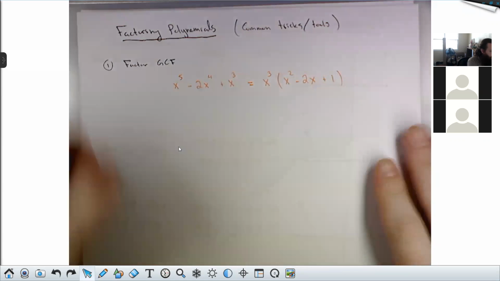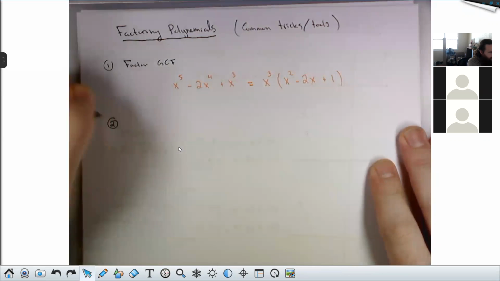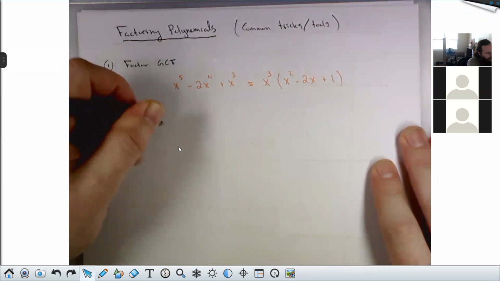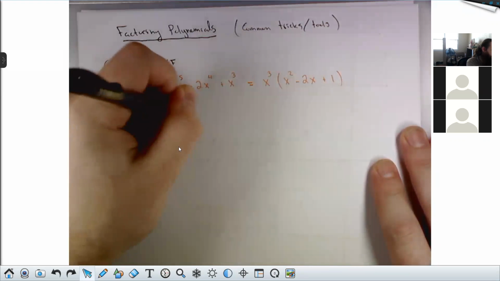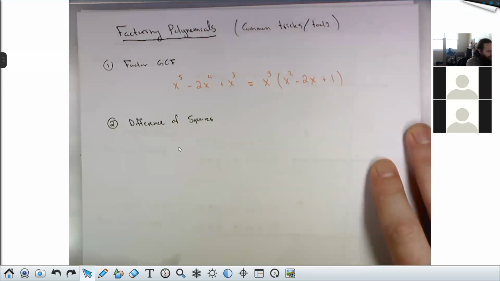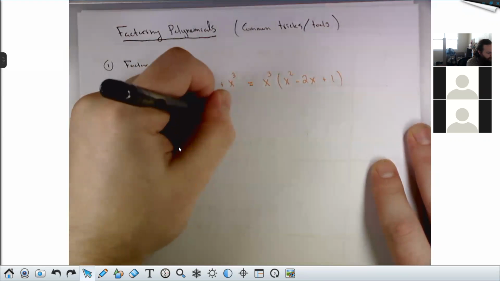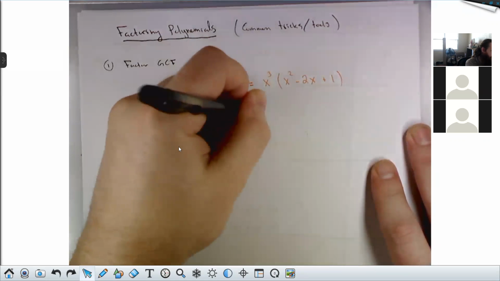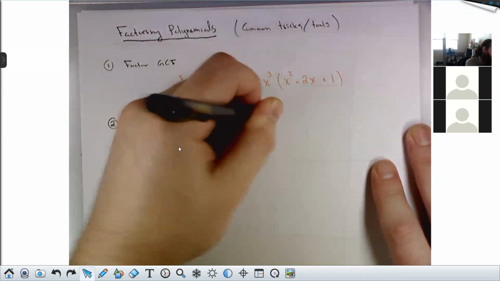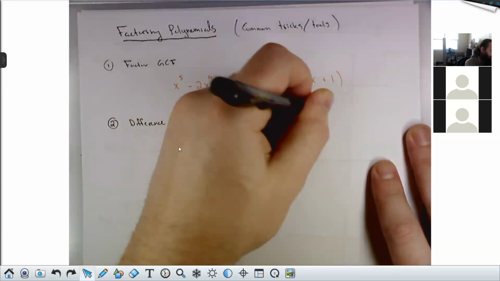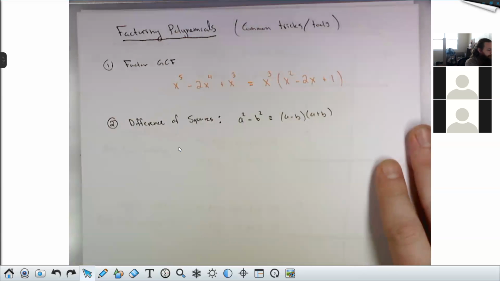The next most important tool or trick is called the difference of squares. And we've referenced this a few times in the past. This just says, if you have something of the form a squared minus b squared, that can always be factored as a minus b times a plus b.